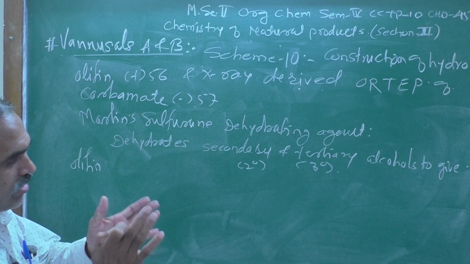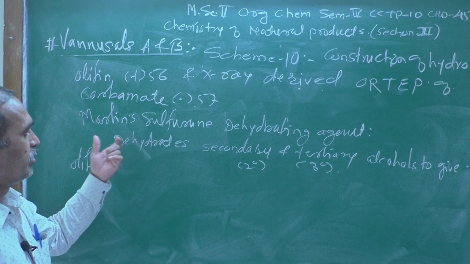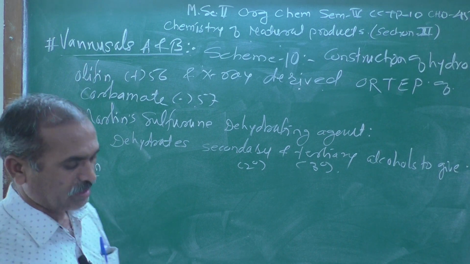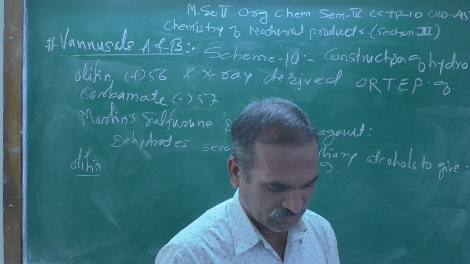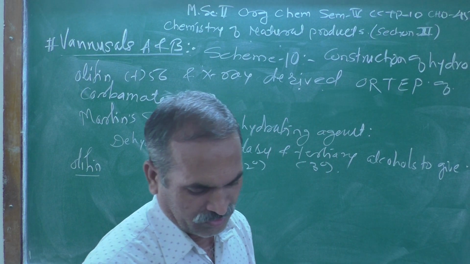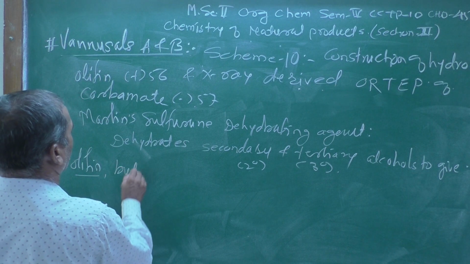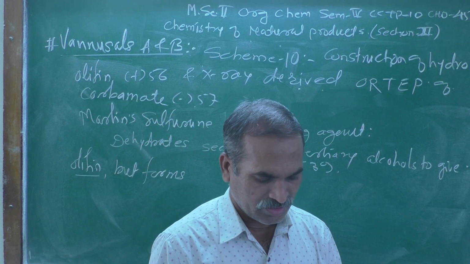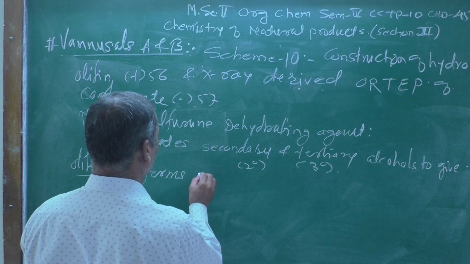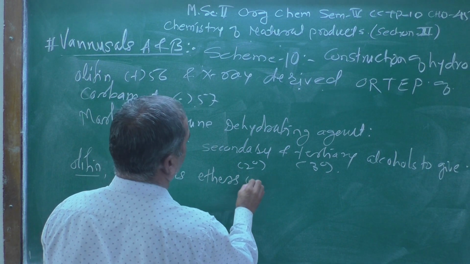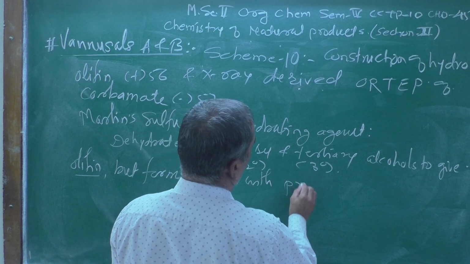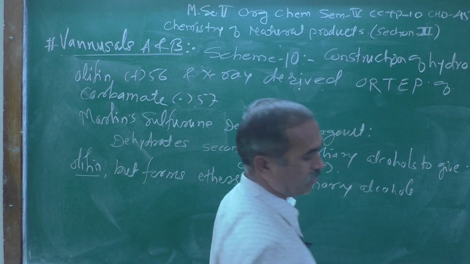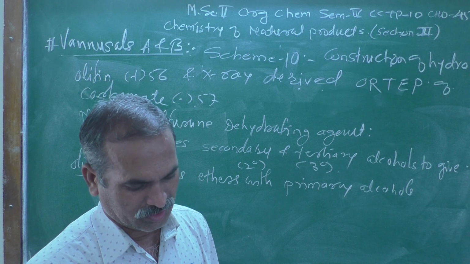olefins. That is the statement you should remember: dehydrate secondary and tertiary alcohols to give olefin, means carbon-carbon double bond, as we know, but forms ethers with primary alcohols.